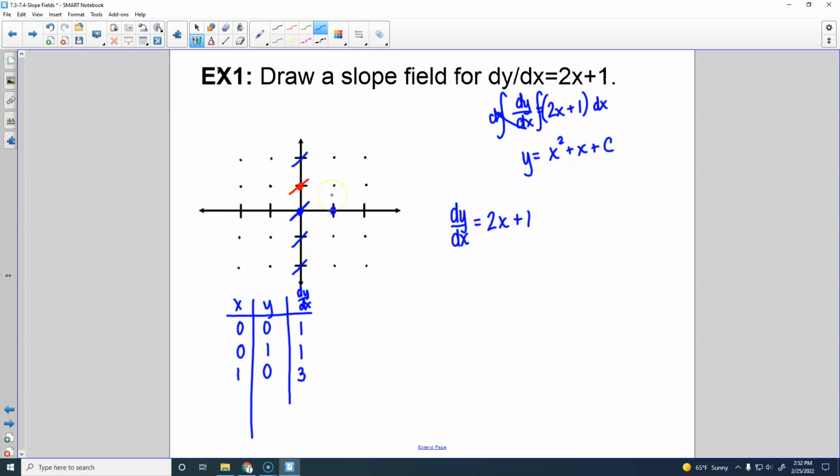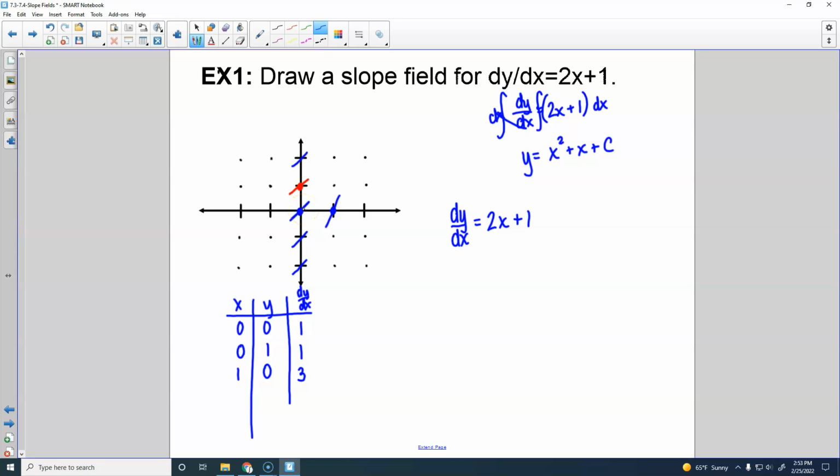So whenever you do this, I need a slope of 3. It'd be like counting up 3 and over 1, so it would have a slope about like this. When they grade this, they're grading relative to what you have drawn. It doesn't have to be perfect, but your slope of 3 right here should be steeper than your slope of 1.